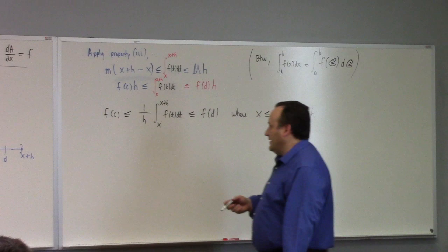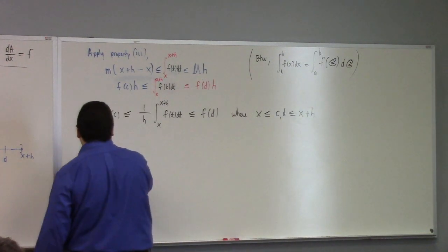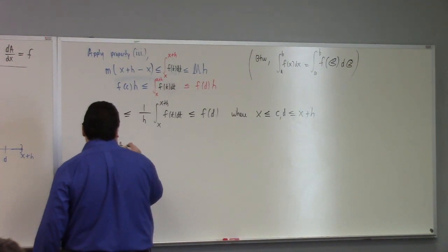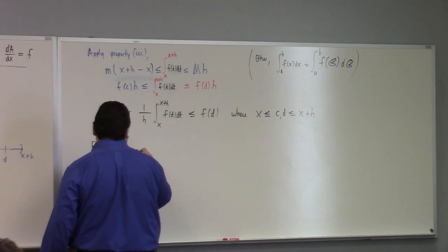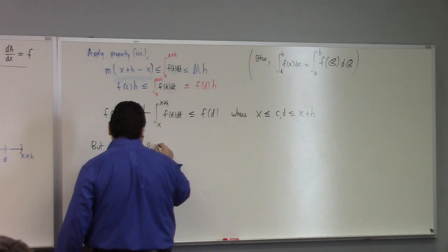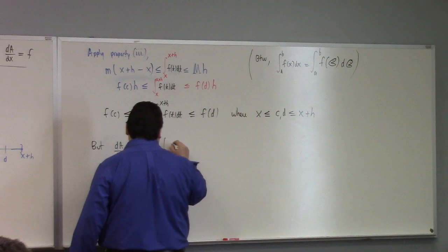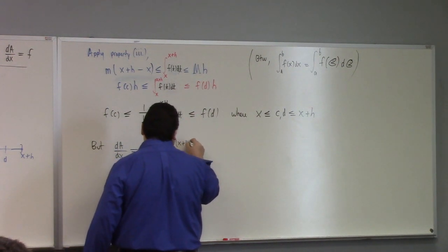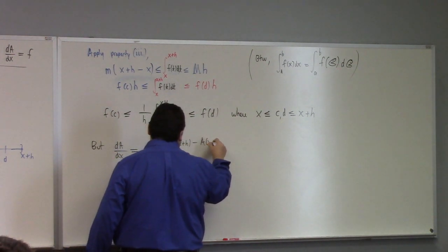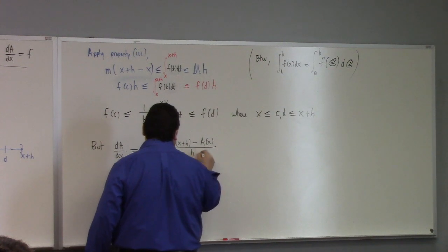How do you calculate A prime of x? A prime of x equals the limit as h goes to 0 of A of x plus h minus A of x over h.